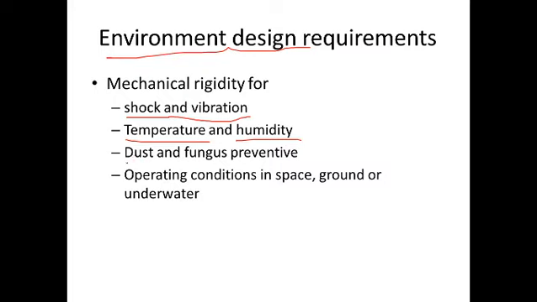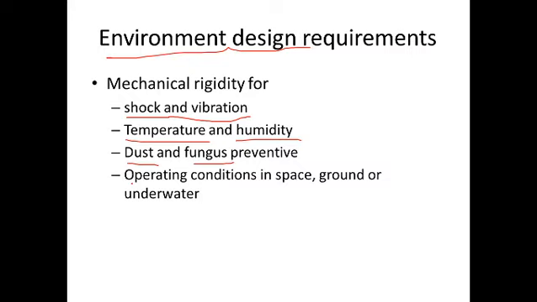Then dust and fungus, that may occur to your PCB. So many times you might have seen there is a thing called araldite. Araldite is a type of adhesive, or an insulator, which is put on the PCB such that nothing will move. So it is going to protect all the components from many things, from humidity, from dust, from shocks.